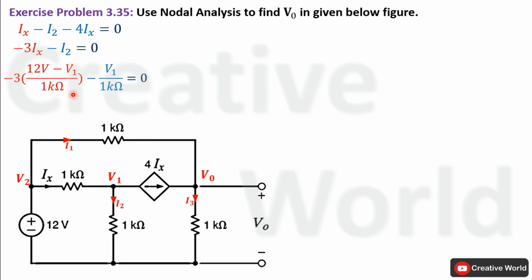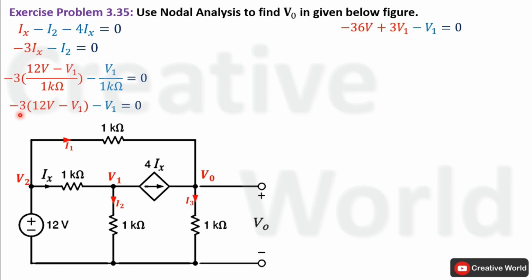Now in order to omit all denominator values, we will multiply this equation on both sides with 1 kilo ohm. Both denominator values are the same, so they will be cancelled out with the product of 1 kilo ohm. The equation will become minus 3 into 12 volt minus V1, minus V1. Open these brackets, the product of minus 3 and 12 volt will become minus 36 volt.